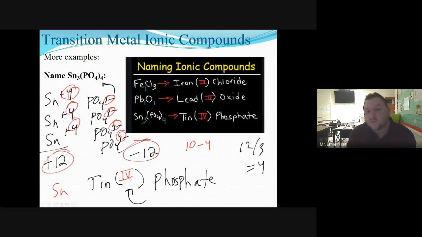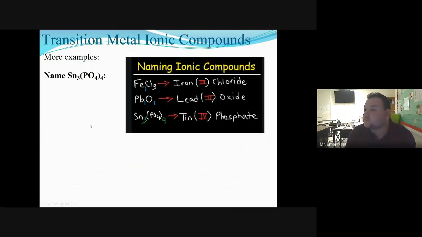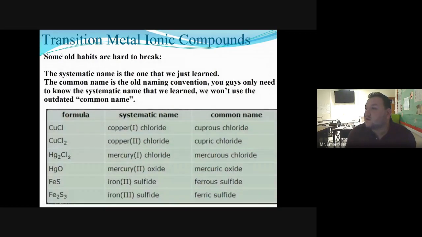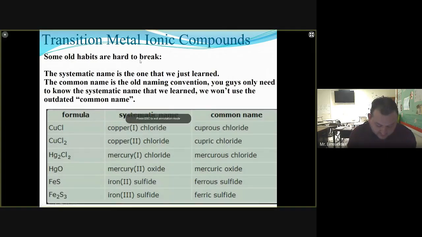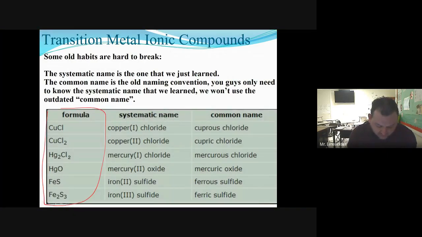Okay. I hope this is helpful, guys. Let's look at the next one. All right, so some old habits are hard to break. So these are names, and these are formulas here. These are the systematic names. So this is what I need you guys to know. Make sure that you can go back and forth between these two.